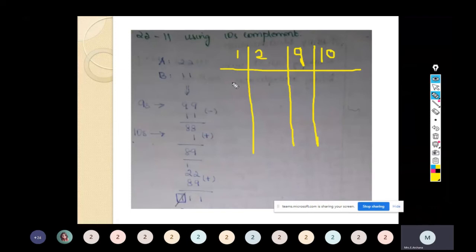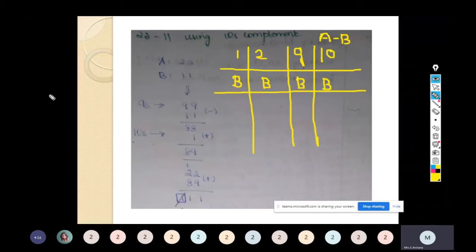If it is of the form A minus B, take 1's complement for B. Here, take 2's complement for B. Here, take 9's complement for B. Here, take 10's complement for B. This is step 1, right?